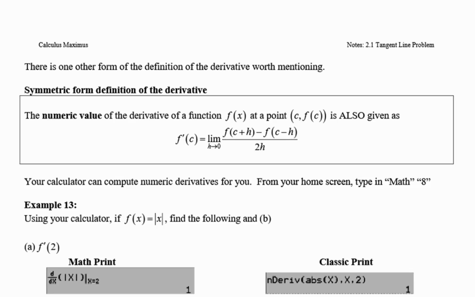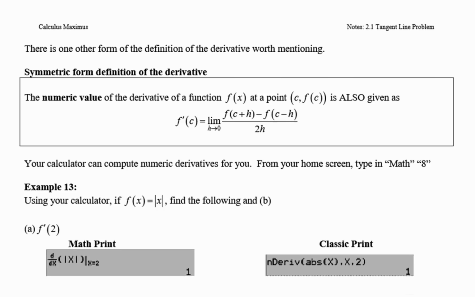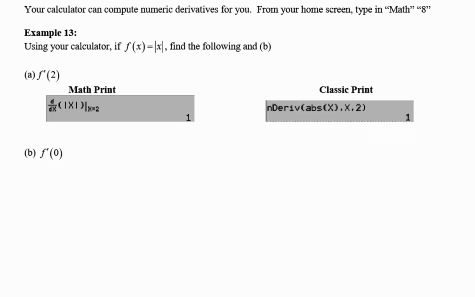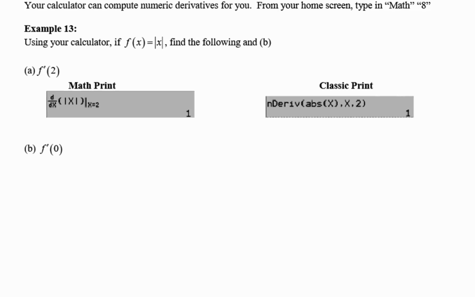Last example here, we have the symmetric form. It's just another version. So this is something you have to do using your calculator. Practice using derivatives. There should be a dy dx button or a d button. Hopefully you know how to find absolute value. If you don't, ask a question.